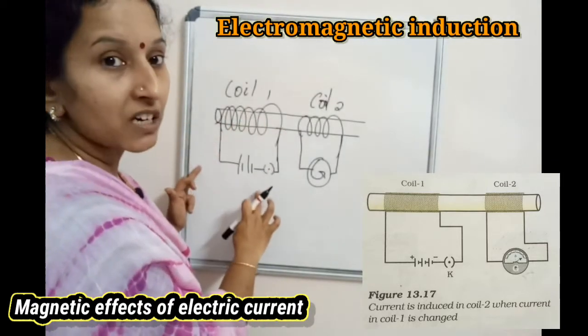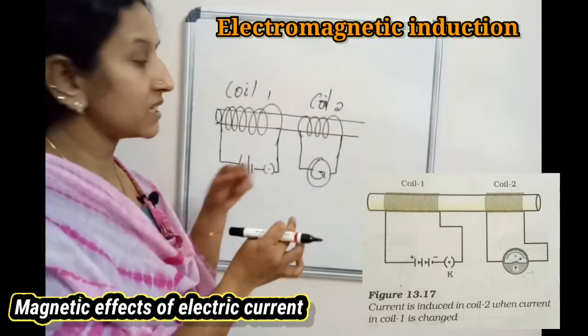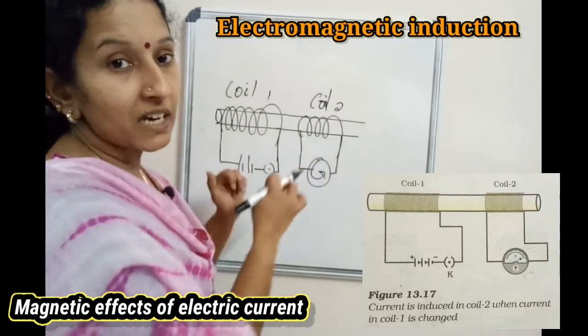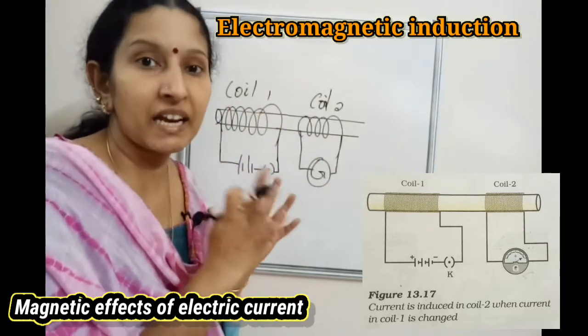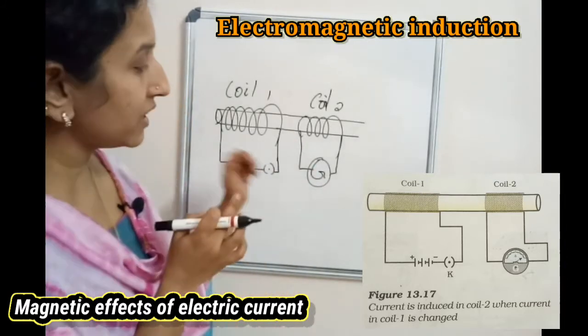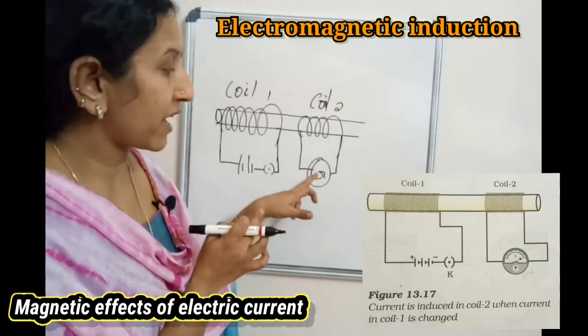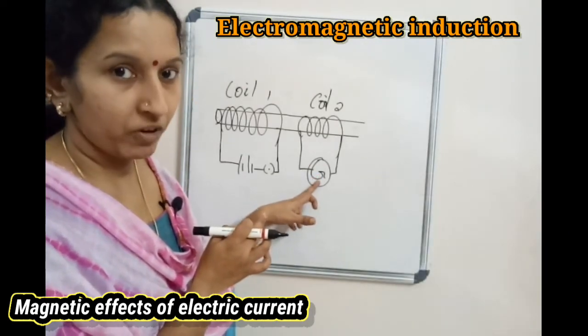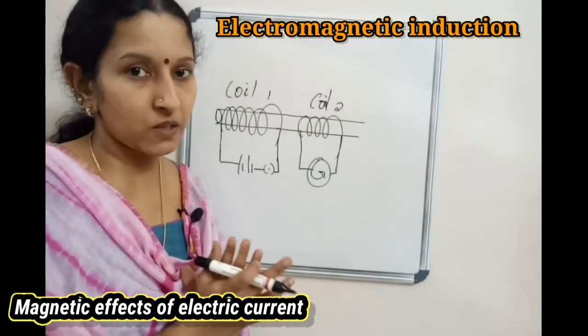That changing magnetic field changes the magnetic field of the secondary coil. That changing magnetic field generates a current. That current is induced current. The presence of induced current we can understand with the help of the deflection of the galvanometer, whether it is right or left. If there is movement, it indicates the presence of current.